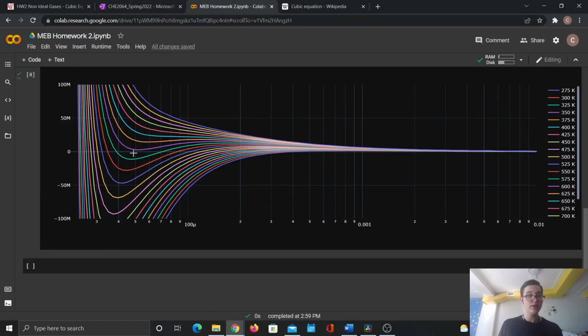So let's begin. First thing we want to do is create a function in order to find the cubic roots.